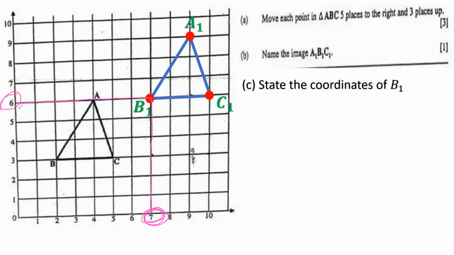Y'all understand that? So 7 on the X and then 6 on the Y. Does that make sense? Yes, sir, it does. So 7 on the x-axis and then 6 on the y-axis. So the coordinates of B, therefore, is going to be 7, 6.